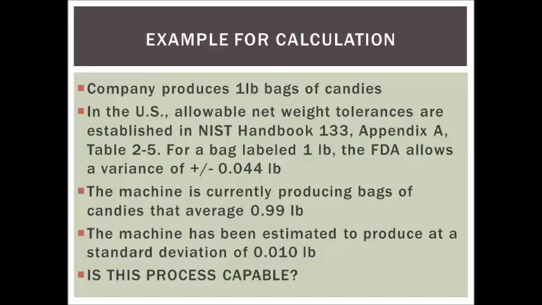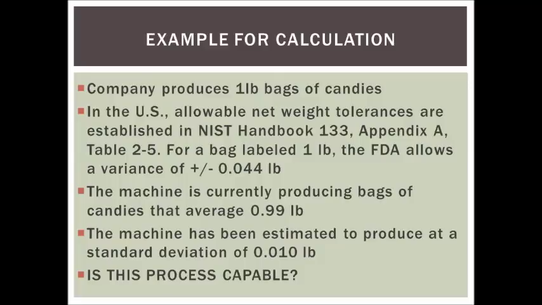Remember, when we calculated control limits on the control charts, we actually estimate what the standard deviation of the process is in order to create those limits. So perhaps a company has been tracking their production of these bags of candies with control charts, and so they have an estimate for the standard deviation. So we've got a machine average currently of 0.99 pounds and a machine standard deviation of 0.01 pounds.